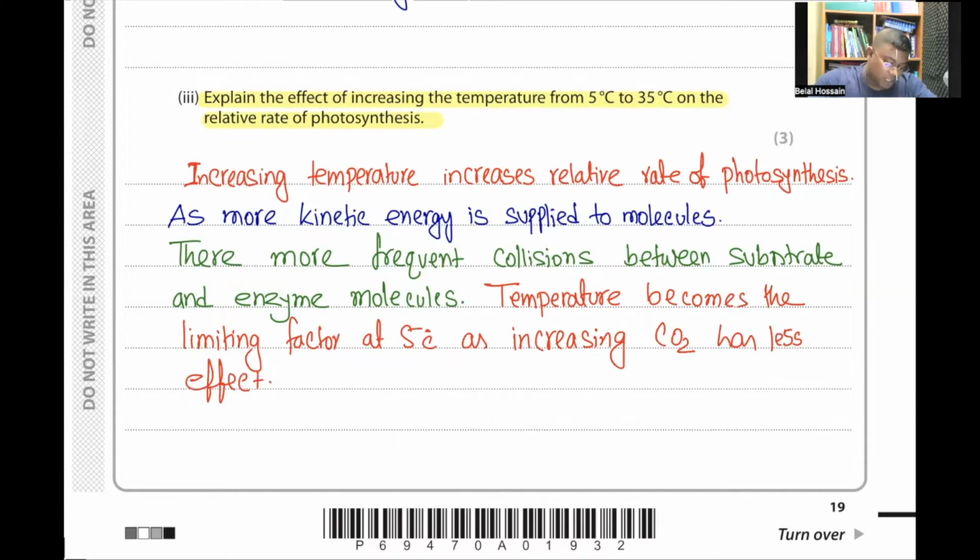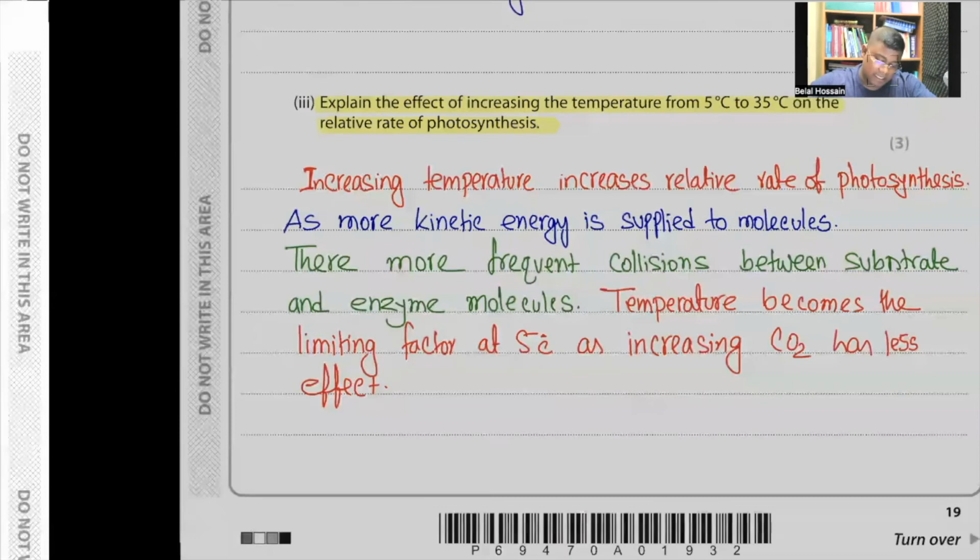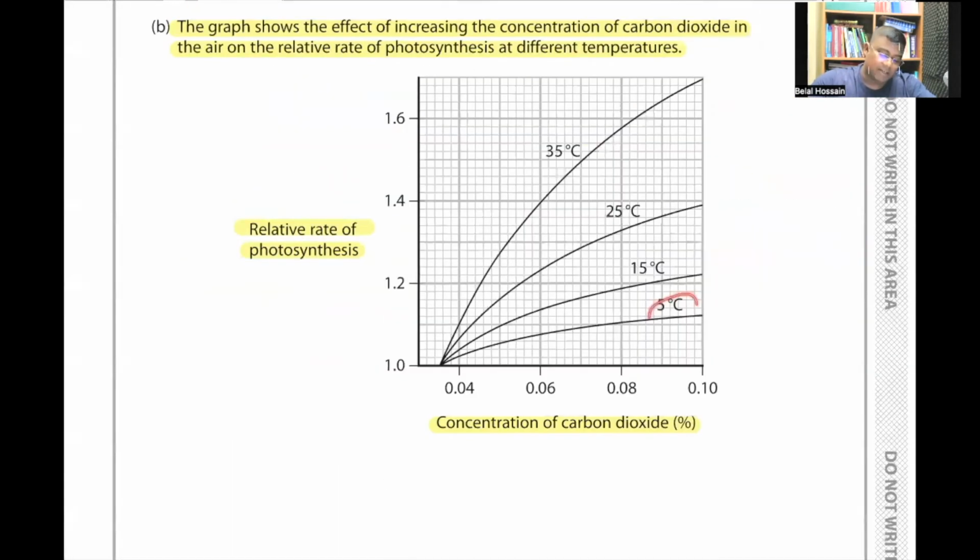Okay, so explain the effect of increasing the temperature from 5 degrees Celsius to 35 degrees Celsius on the relative rate of photosynthesis. We can see that increasing temperature increases the relative rate of photosynthesis. There is no question in it.